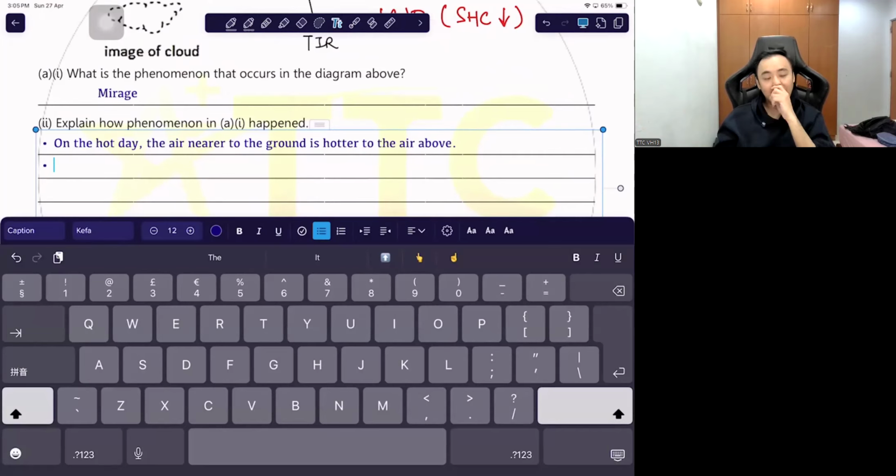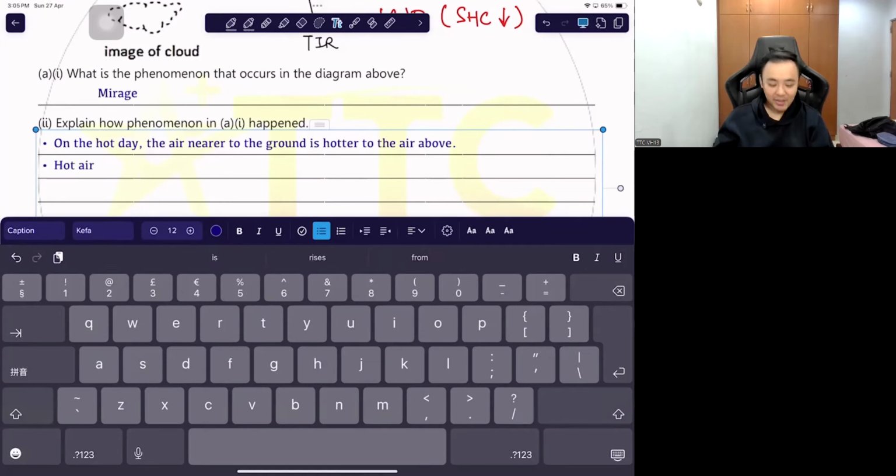Next, what's the second thing we say? Near air is hotter, then what? Hot air, cold air, what's the difference? Density, correct. Hot air is less dense compared to the cold air above.